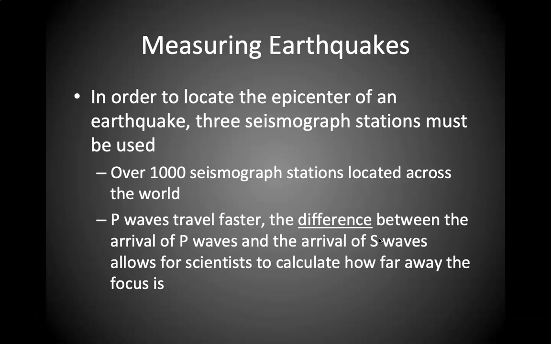And as long as we have 3, those 3 can overlap and give us a location of the epicenter of where that earthquake originated from. Because our P waves move faster, the difference between the arrival of the P wave and the S wave allows scientists to calculate how far away that focus, or the origin of that earthquake, would be from those stations.